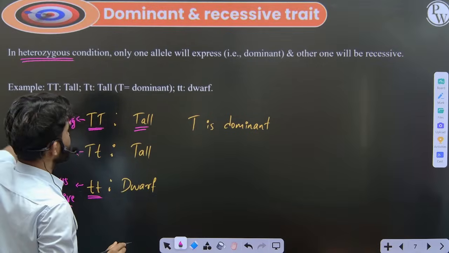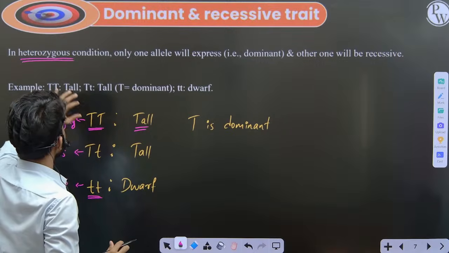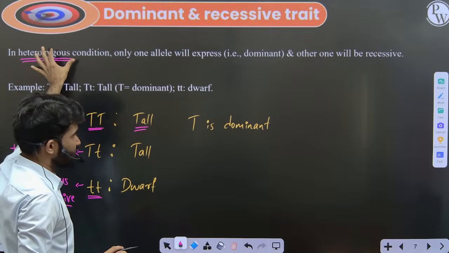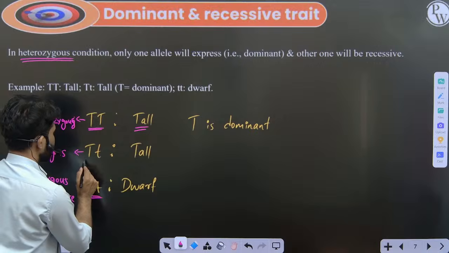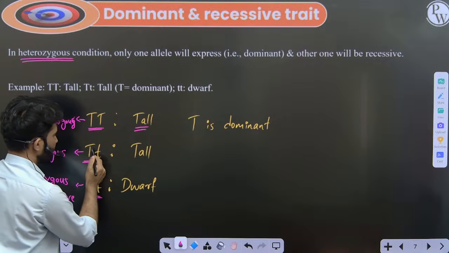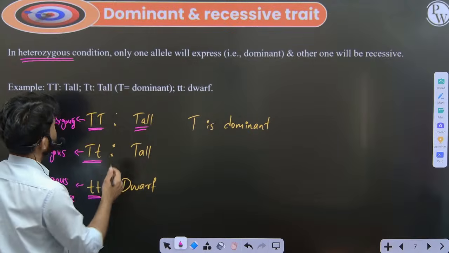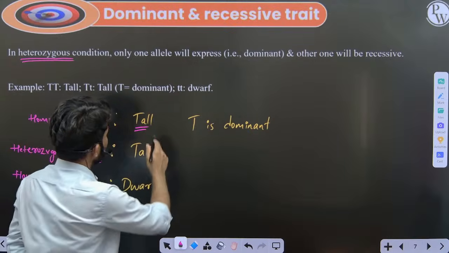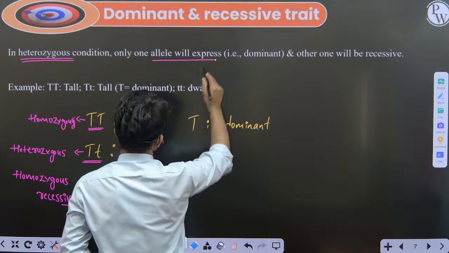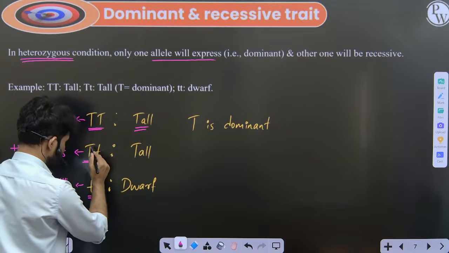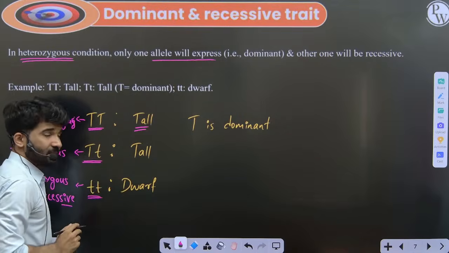So what are we saying regarding dominance in the heterozygous condition? In this heterozygous condition, only one allele will express. Here there is a capital T as well as a small t.